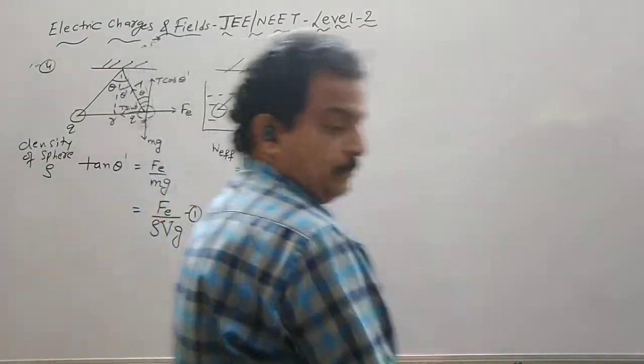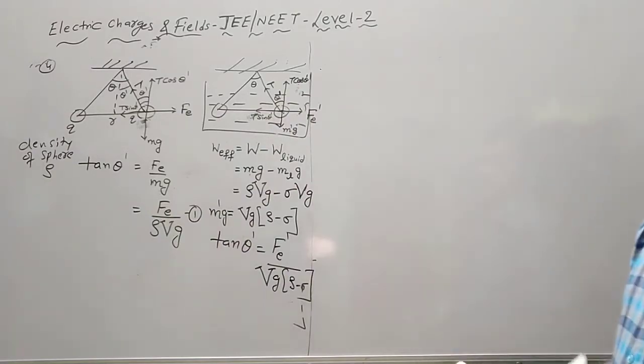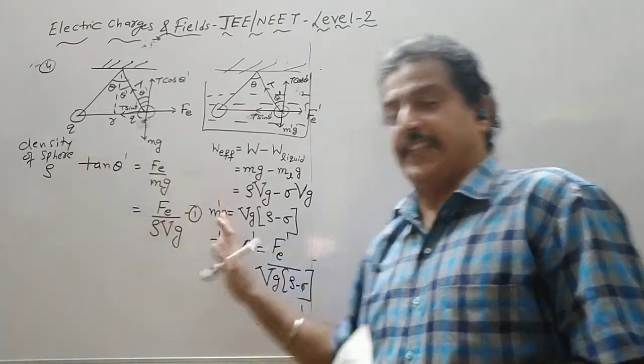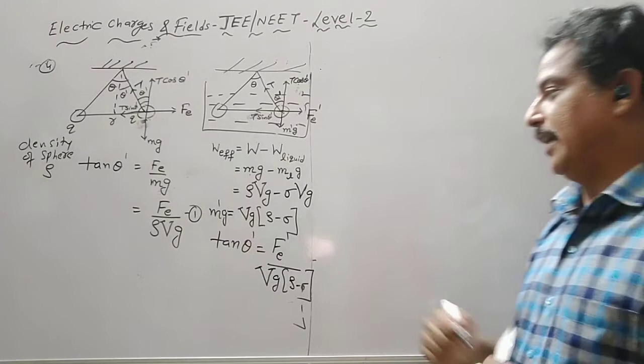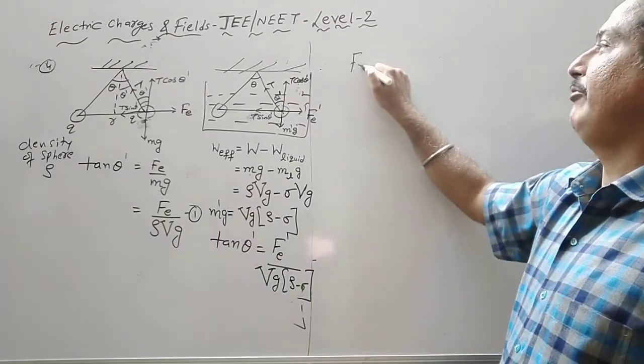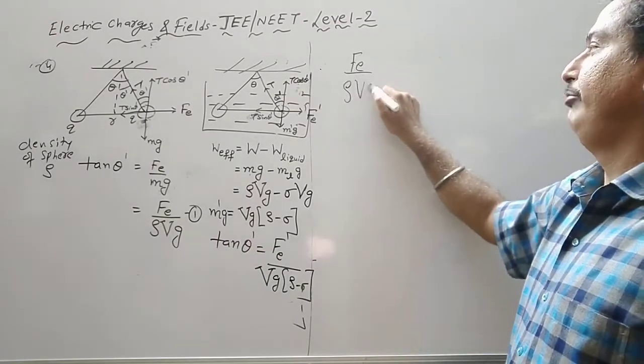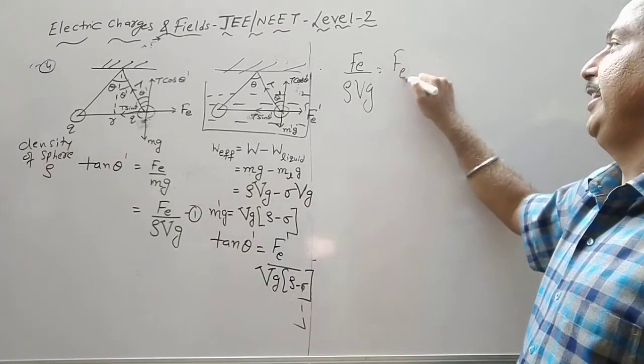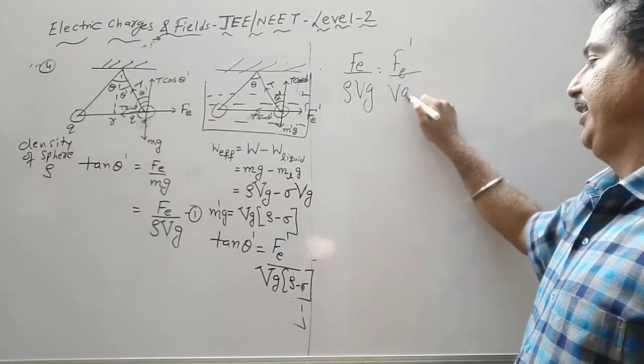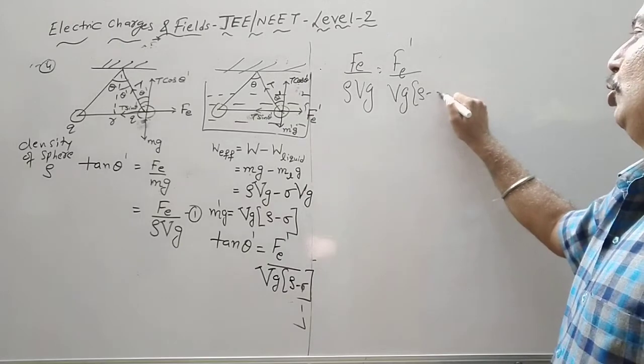Now it is given that the angle remains the same, so both angles are the same. So Fe upon rho Vg is equal to Fe dash upon Vg (rho minus sigma).